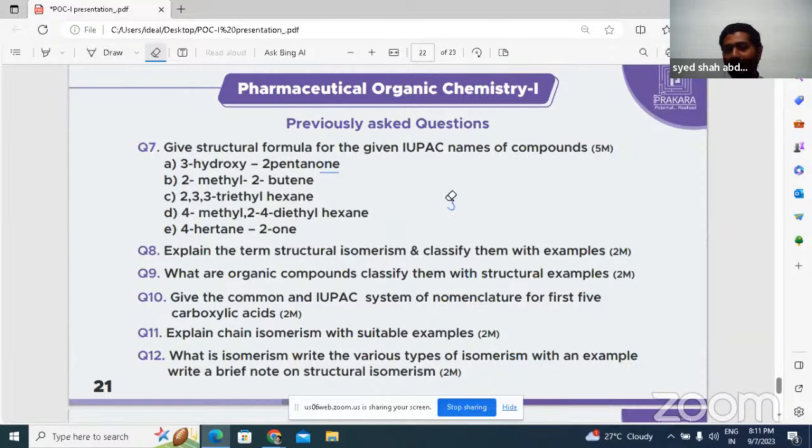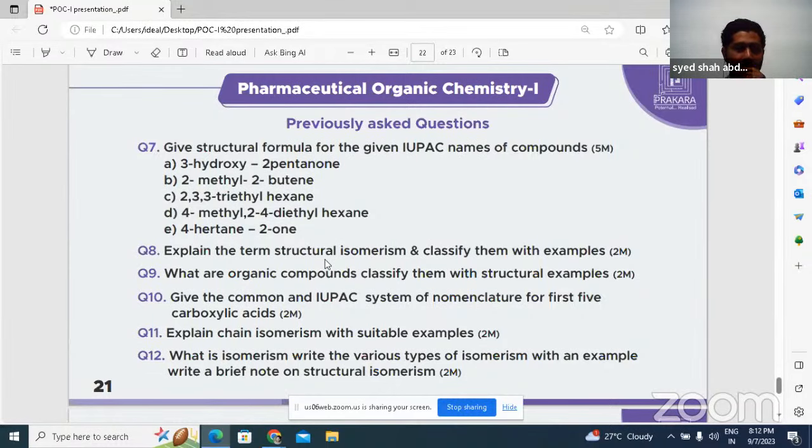There you might make mistakes, but when drawing the structure, you won't make many mistakes if you follow simple steps: take down the parent chain, draw it, give a proper number, then identify which position has what. Then it will become very simple to draw any structure. And the next question is to explain the term structural isomerism and classify the structures.